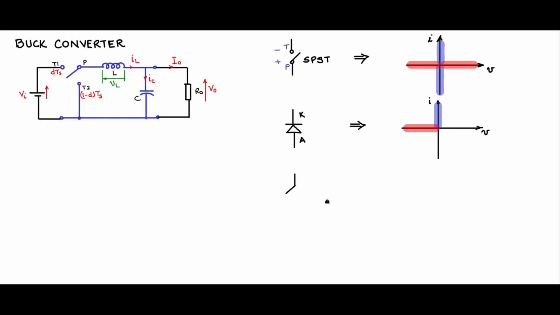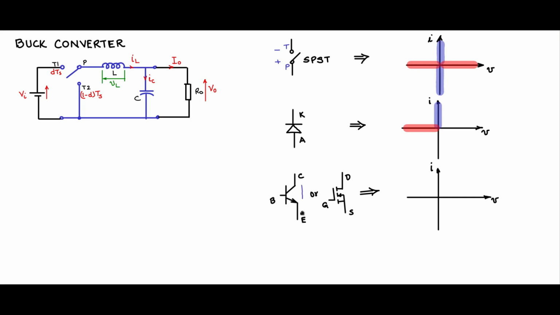Take for example another semiconductor switch like the BJT or a MOSFET. You have the collector, base, emitter, and gate, drain, and source. How does the IV static characteristic appear if these two are operating as switches?